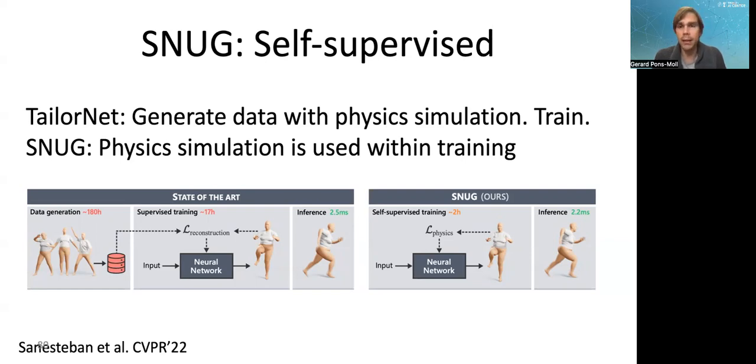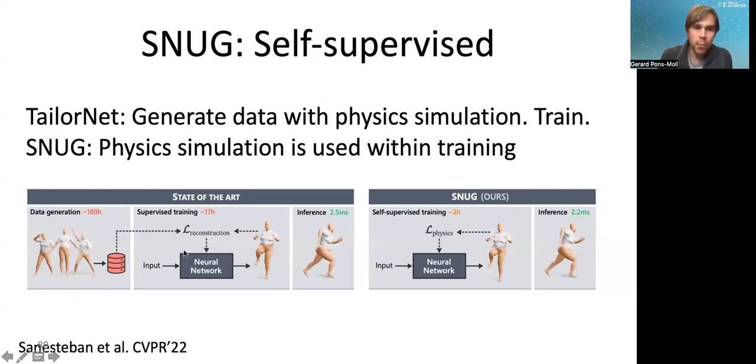So in TailorNet and other models, the idea is to generate data with physics-based simulation and then train. In SNUG, the idea is to use physics simulation within the training. So essentially, that's what other people do, right? Including TailorNet, they have this physics simulation, reconstruction, and then basically you have an input, parameters, and a neural network that predicts the output, right?